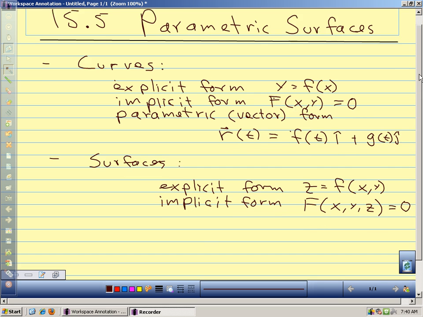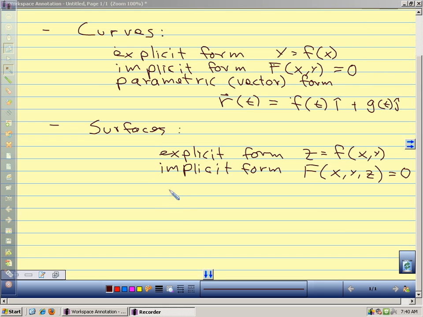Now, today we're going to talk about the parametric form of a surface. And it's just a different way of representing a surface that has advantages in certain situations.